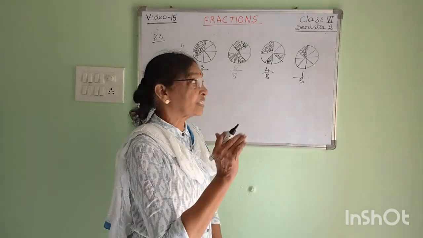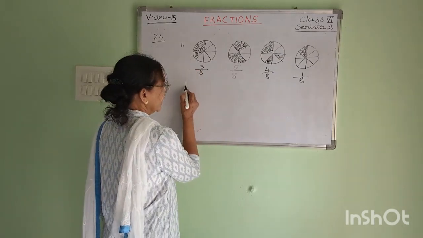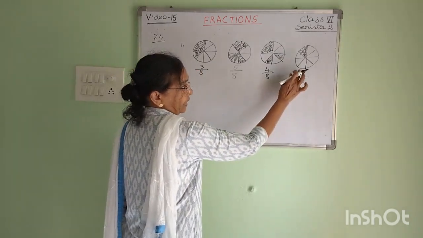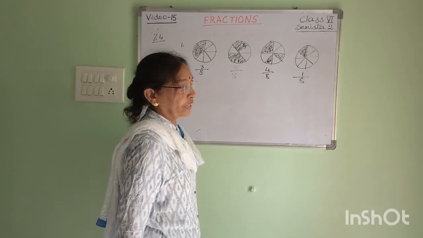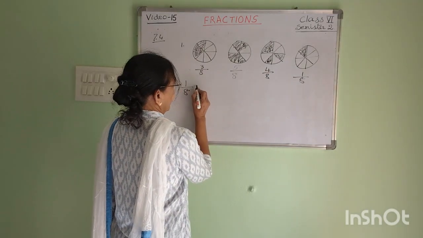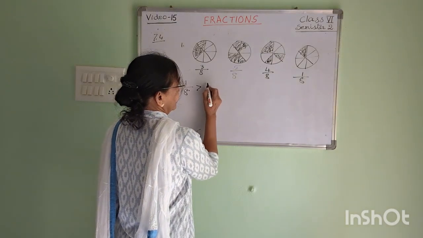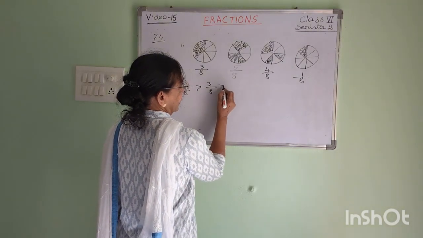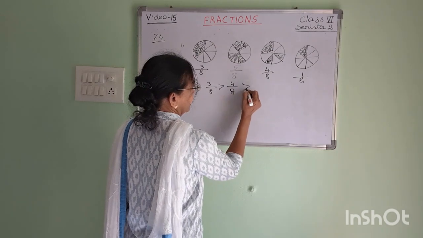To write them in increasing order, first we write the least, 1 by 8. We will compare the numerators. 1 is the least, next 3, then 4, then 5 by 8.